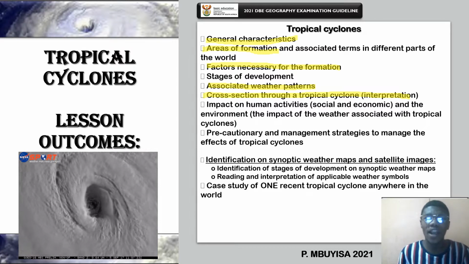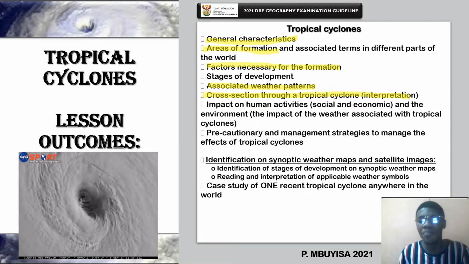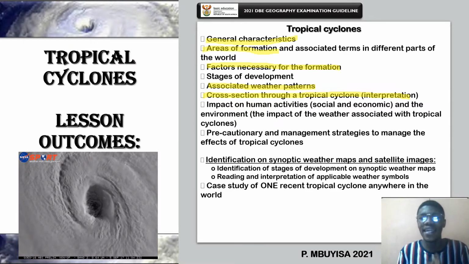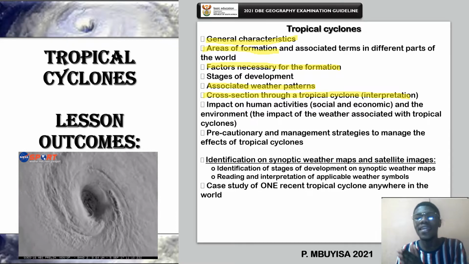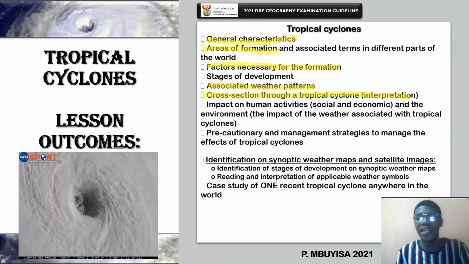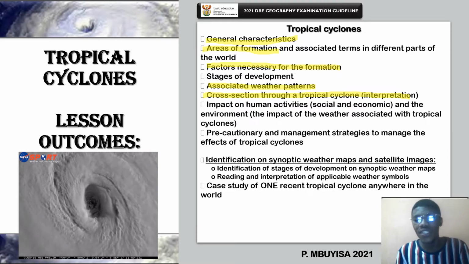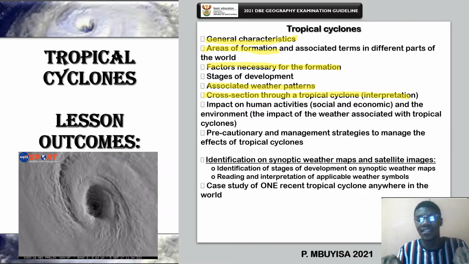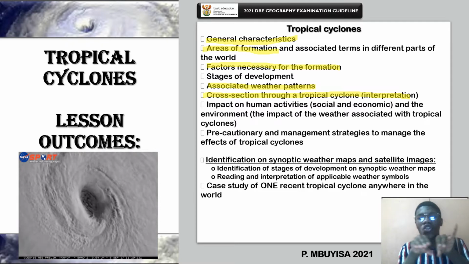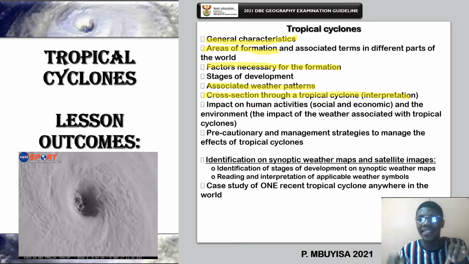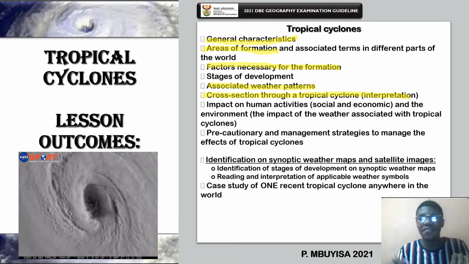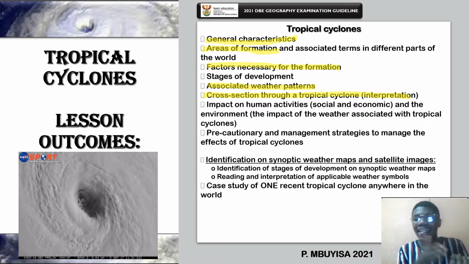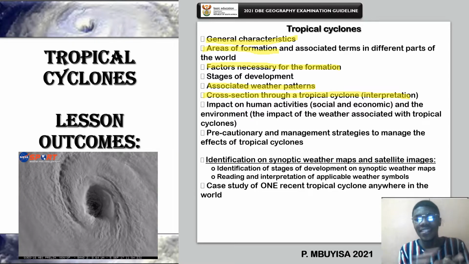And again, we talk about the general movement of these systems. We say that they move from east to west. Why do they move from east to west? It's because they are formed in our tropical regions. Remember that in the tropical region between 0 and 30 degrees, we have tropical easterlies as the winds dominating that region.